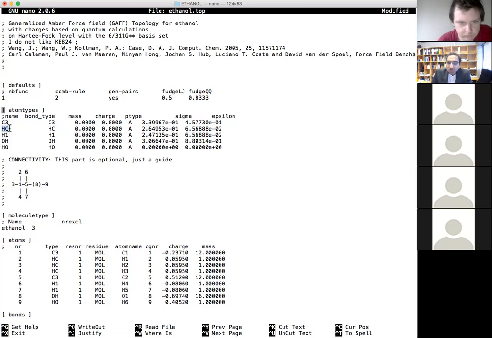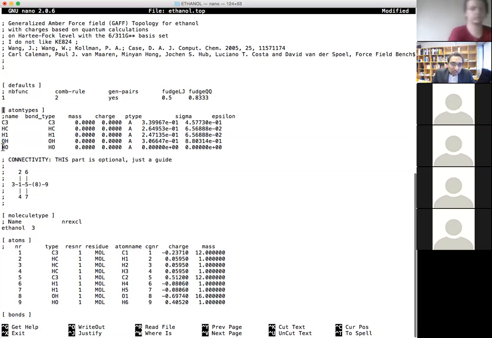Similarly, a hydrogen atom attached to a carbon atom has a certain sigma and epsilon. Then you have a different hydrogen atom here, which is called H1. These are hydrogen atoms attached to the CH2 group. And finally, you have the OH group, which contains an oxygen atom and a different hydrogen atom.